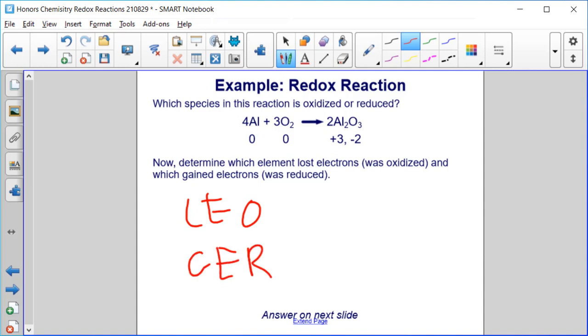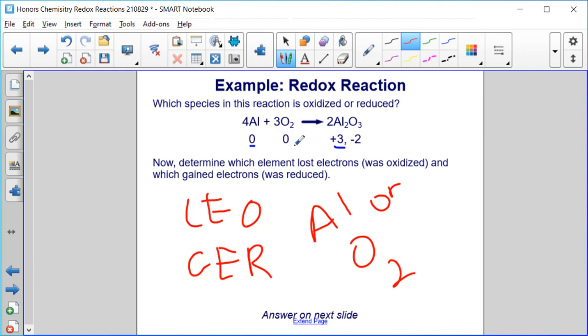Now, what's oxidized and what's reduced has to be a reactant. So it's either aluminum or O2. Okay, which one loses electrons? So going from 0 to +3, that's losing electrons, right? Because we're getting more positive, we're losing negatives.